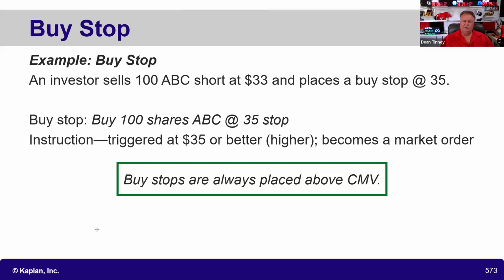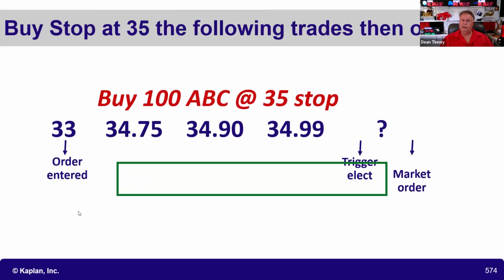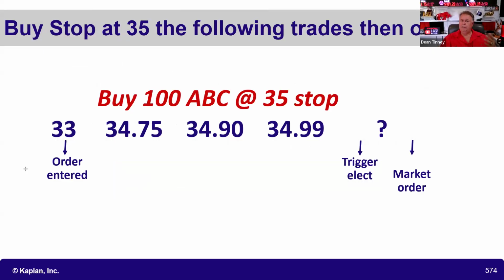Okay, then the test question says the following trades then occur. So we said as a test question, your customer sells short 100 shares at 33, places a buy stop at 35. The following trades then occur. Please note we followed the convention. We placed our buy stop above the current market price. We're watching trades go by.